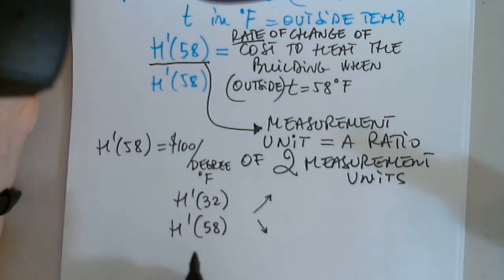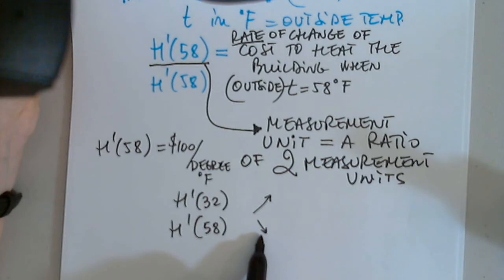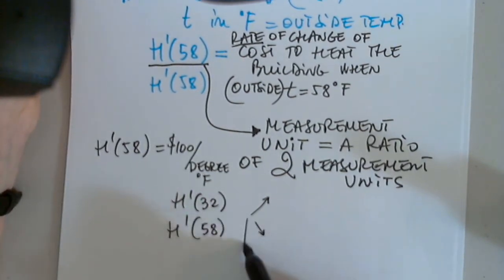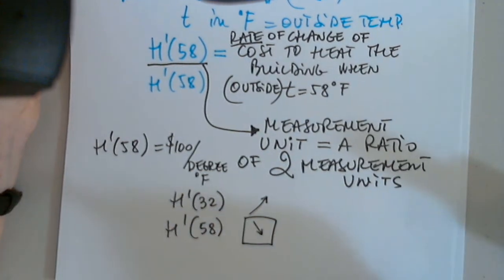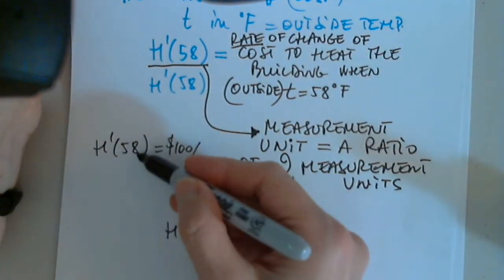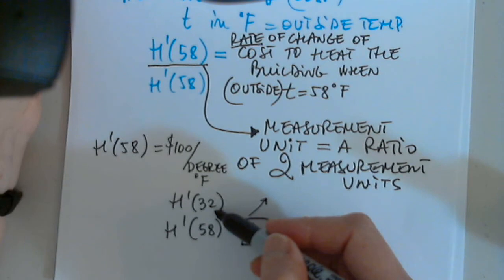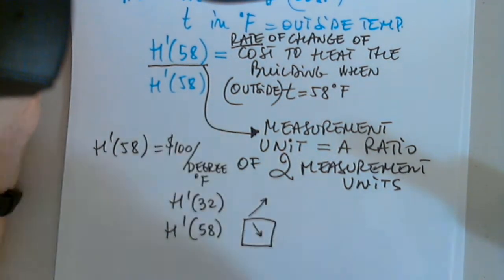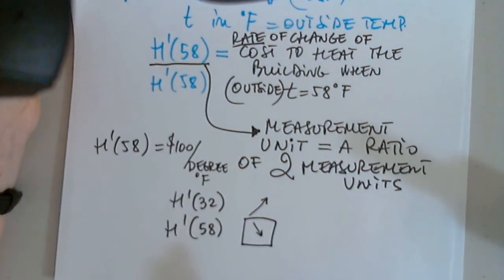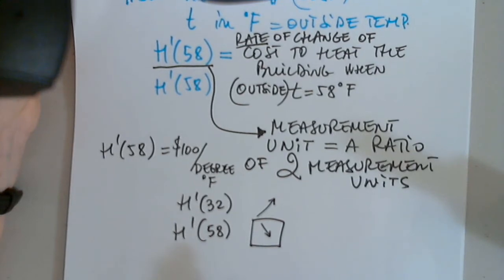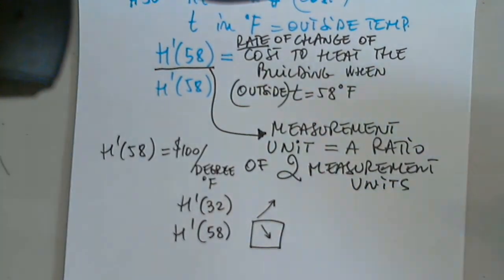So the higher the outside temperature, the less I spend on heating the inside of the building. So I expect the cost to decrease. But here, if I'm asked at 32 degrees Fahrenheit outside, I expect the cost to increase. Okay, let's look again and see what else we would like to discuss here.